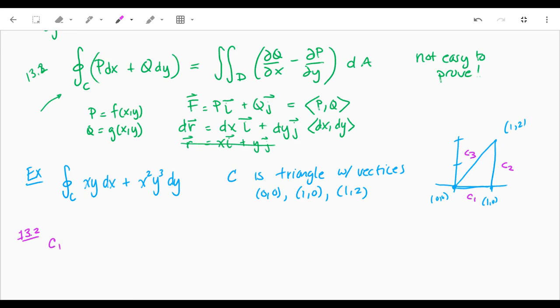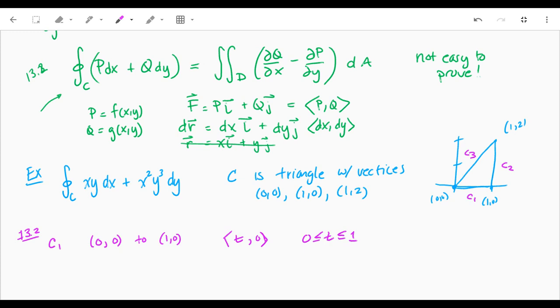C1 goes from, it's a segment. So this is nice that they're segments, so we can parameterize it pretty easily. We're going to go from (0, 0) to (1, 0). So parameterized, that would be 0 plus 1t, and then just 0, where t is between 0 and 1.